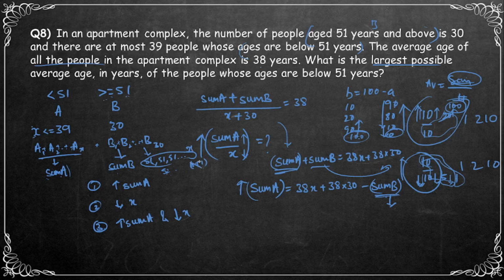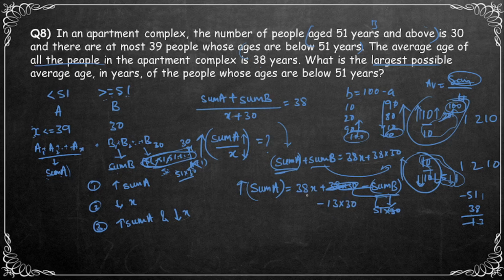So all of their ages should be at the minimum possible, which is 51. So sum B will be 51 plus 51 plus 51 till 30 times, which is nothing but 51 into 30. So this is 51 into 30, and 38 minus 51 is minus 13. So sum A is equal to 38x minus 13 into 30.